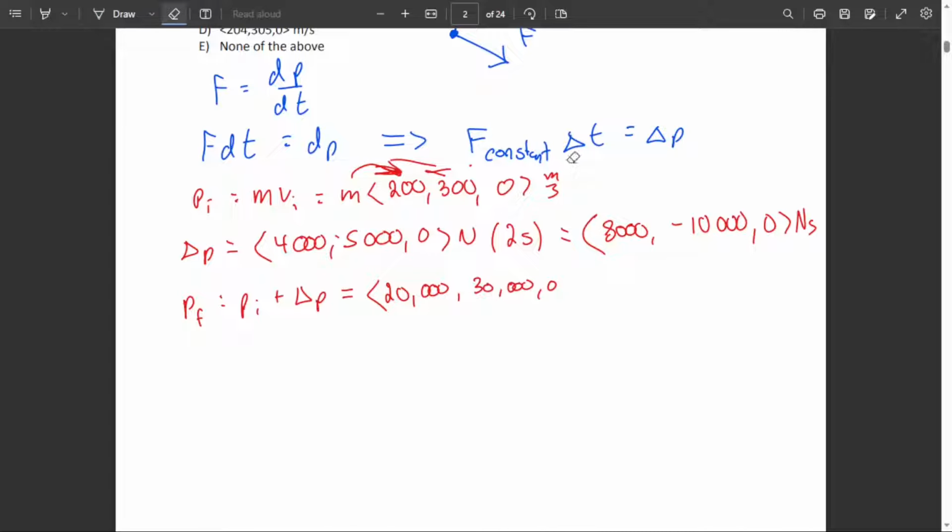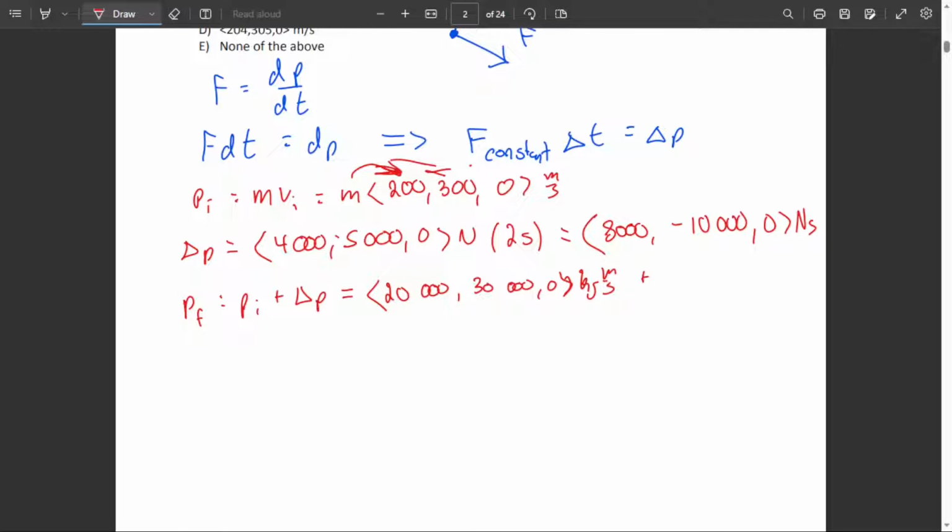Should not have put these commas in here. And that is in momentum units, which are, I'm having trouble remembering this. We're just going to say kilogram meter seconds.